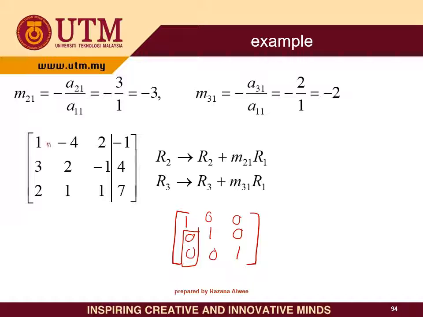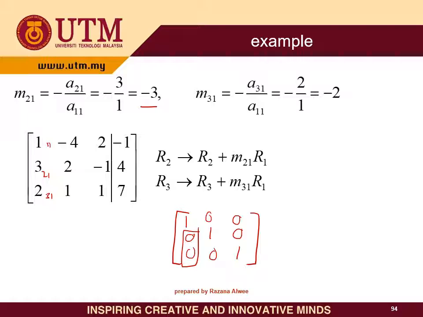M21, sorry, it should be 2 1 and 3 1. So for 2 1 here, we must multiply by negative 3 like usual. So 2 1 divided by 1 gives us negative 3.